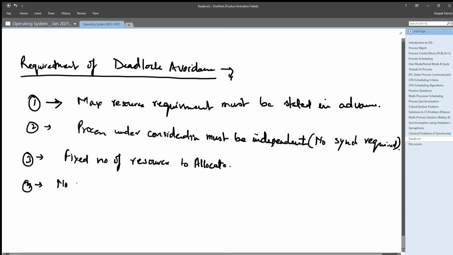no process may exit till it releases the resources it is holding, right?